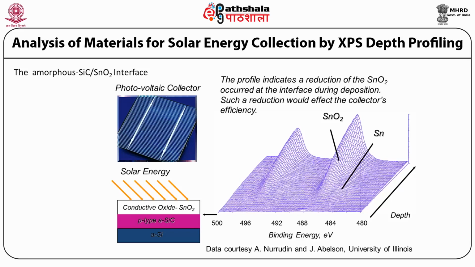This can be proved or shown with the help of ESCA spectra, whereby the tin peak would get reduced in intensity and the silicon peak would start emerging in higher amount.